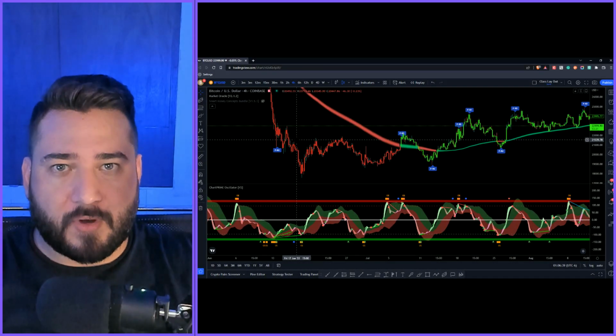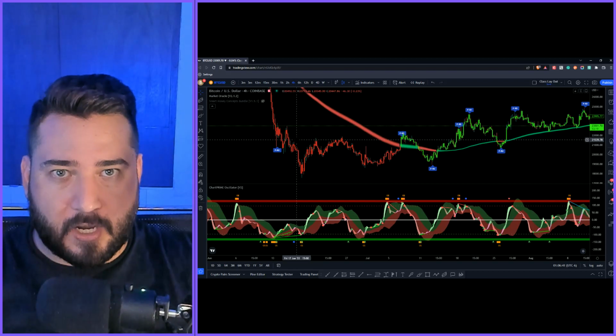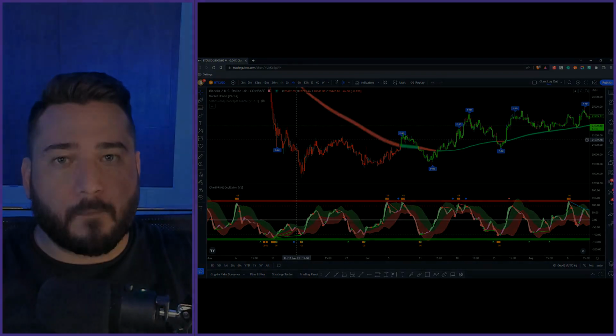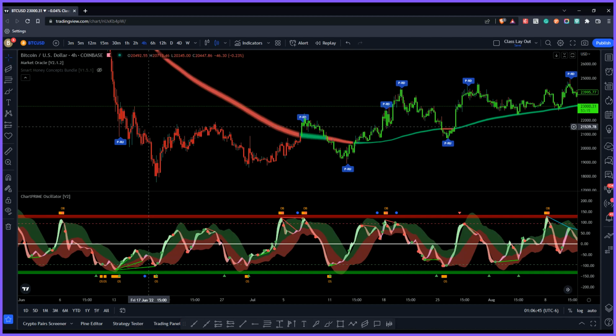Remember, a 3-layer strategy is at least 3 layers, right? So if you find yourself using more or identifying another tool that you want to add to it, please do so. It is important that you have, at a minimum, 3 layers.